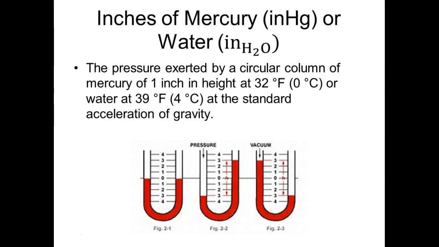So this is inches of mercury. It says the pressure exerted by, now normally this is done electronically now, but the pressure exerted by a cylindrical column of mercury of 1 inch in height at 32 degrees Fahrenheit, or water at 39 degrees Fahrenheit. Now how they come up with that, I don't know. Like a standard acceleration of gravity. So this is relative to gravity.